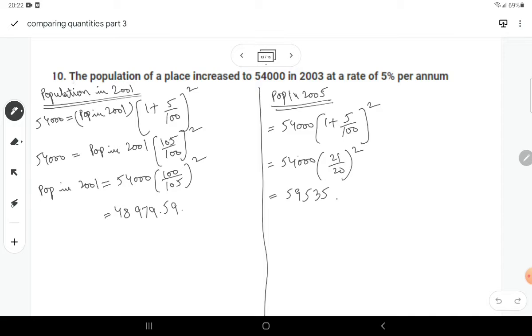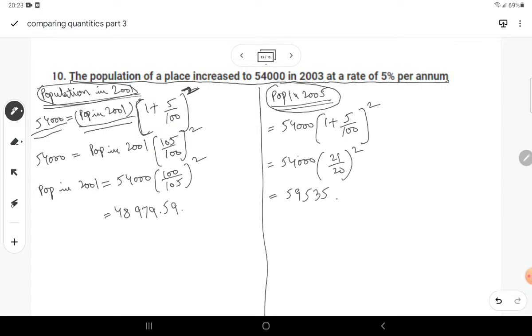Moving on to question number 10, it says the population of a place increased to 54,000 in 2003 at a rate of 5% per annum. What would be the population in 2001 and what would be the population in 2005? So 54,000 equal to population in 2001 into 1 plus 5 upon 100 raised to power 2, as the difference between the years 2003 and 2001 is 2.